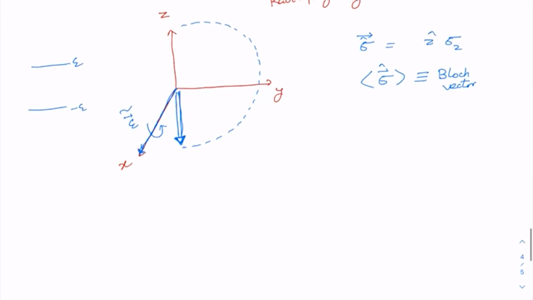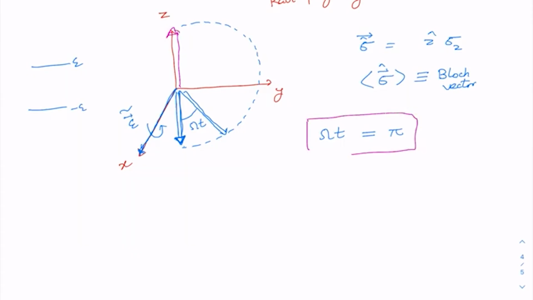At some time t, the Bloch vector is along this direction, and it has traversed an angle, say capital omega t. Now if we wait long enough, when omega t becomes equal to pi, you will see that this Bloch vector will be directed along the positive z-axis.